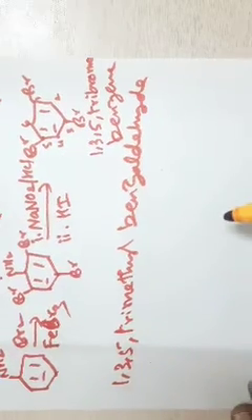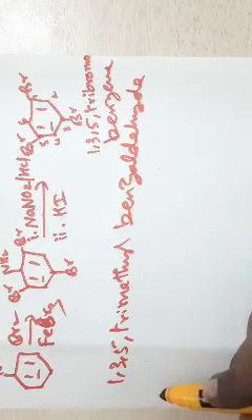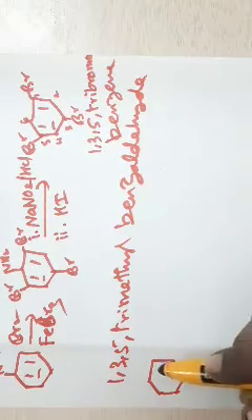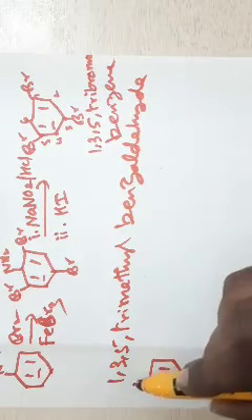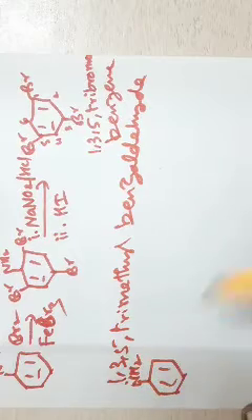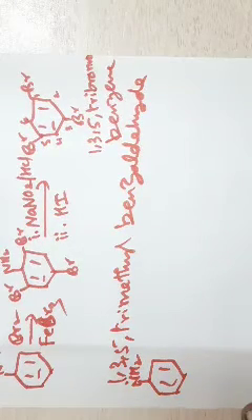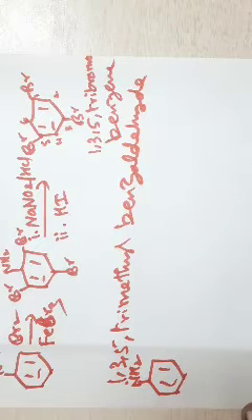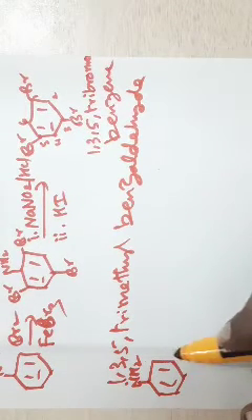Take the same reaction. See, starting material is your aniline. So if you start the reaction with the aniline, nitrogen is having a lone pair, it will activate the aromatic compound.